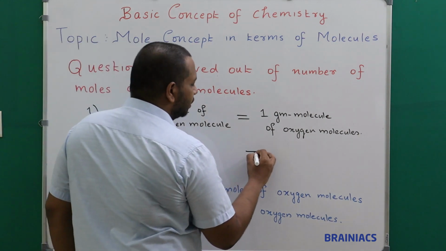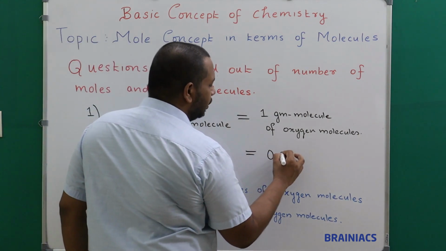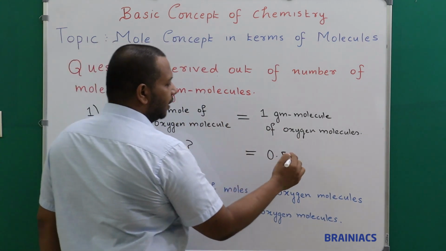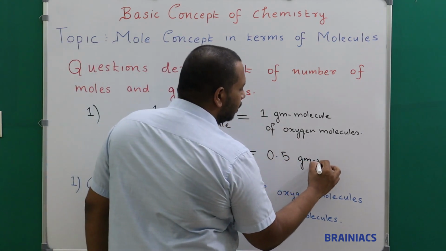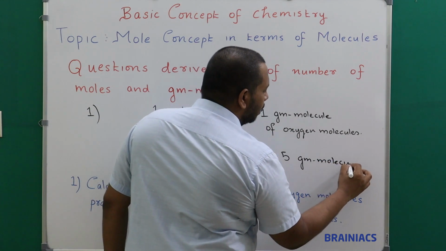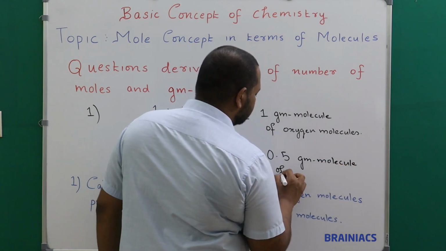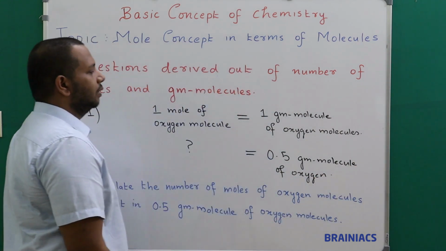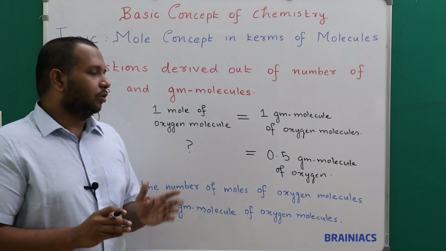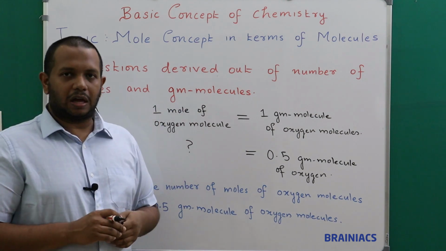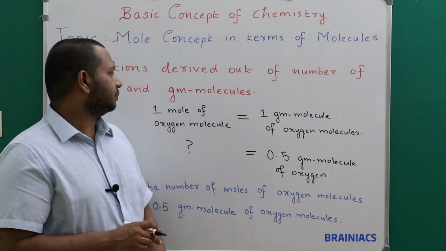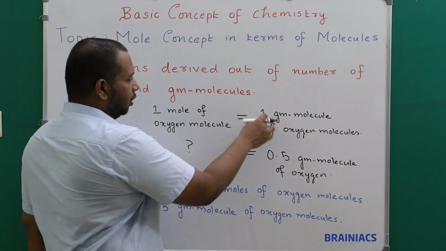They have given 0.5 gram molecule of oxygen. Again, number of moles they are asking you to calculate, and the number of gram molecules they have given. Correct.